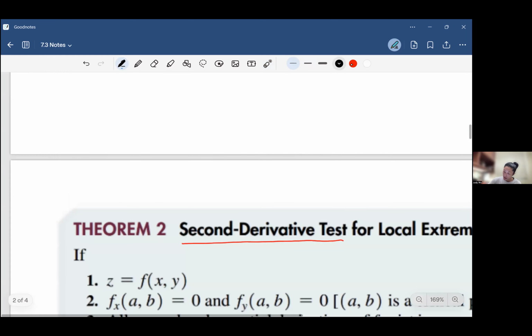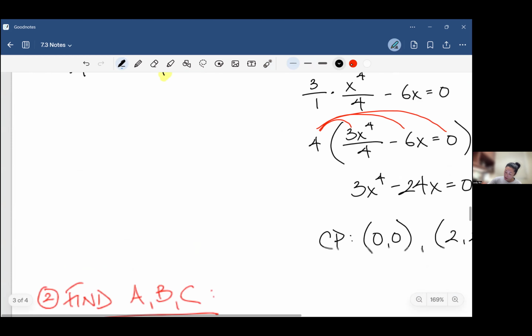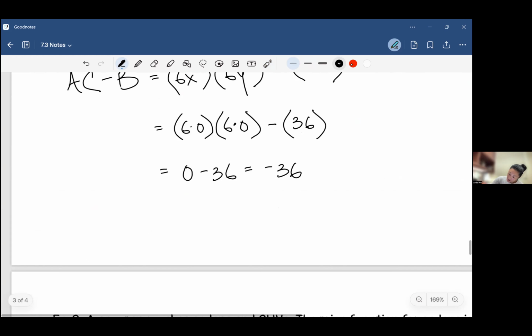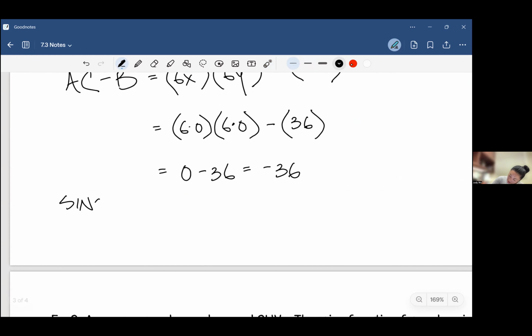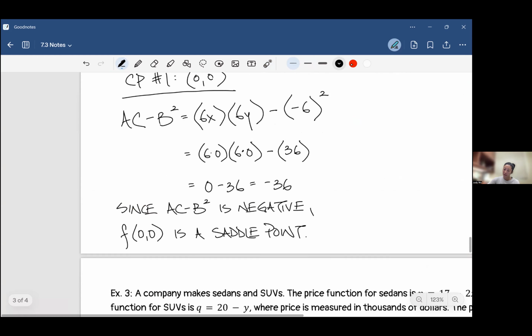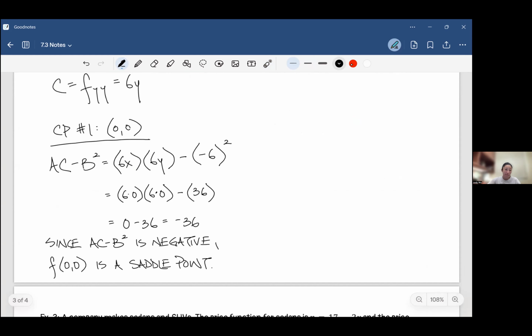So we say, since AC minus B squared is negative, f of (0, 0) is a saddle point. Not bad. We plug it in.